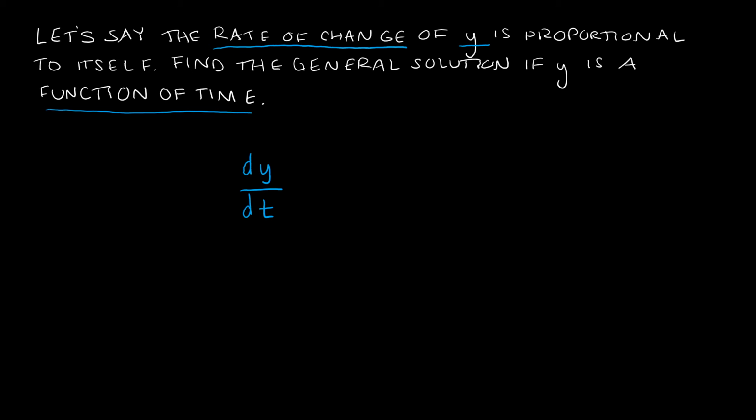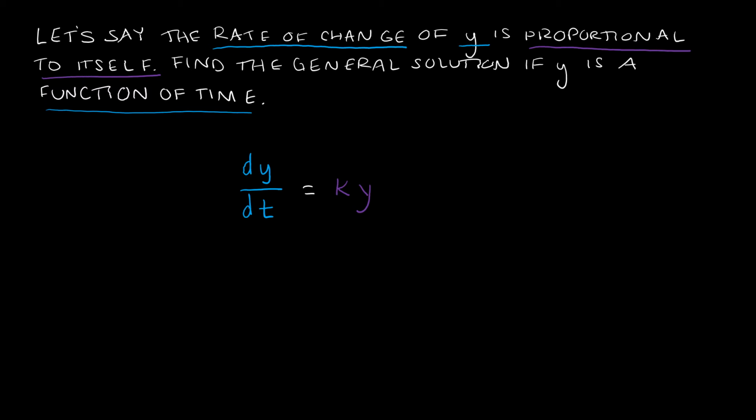Then it says it is proportional to itself. And what that tells me is that I'm going to have some constant times the variable y.